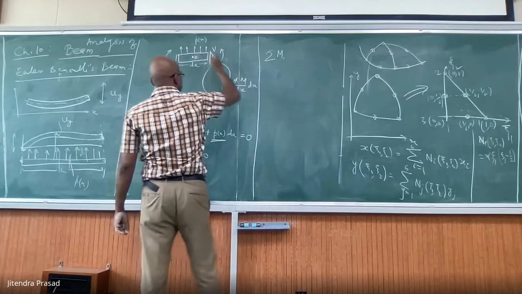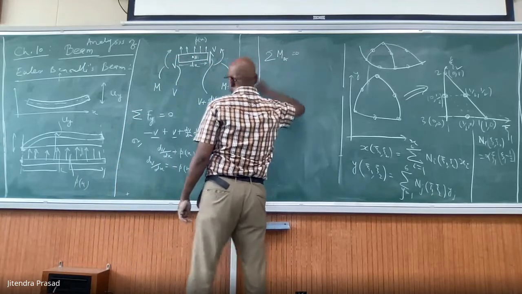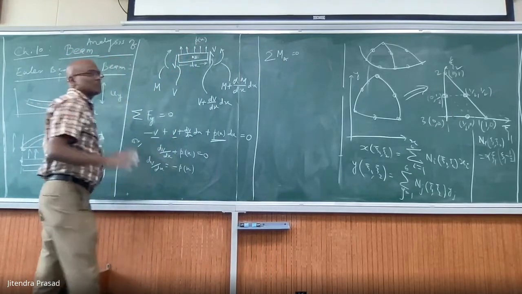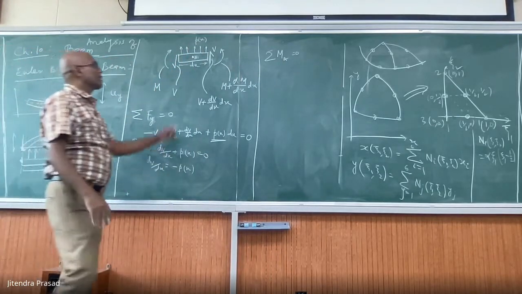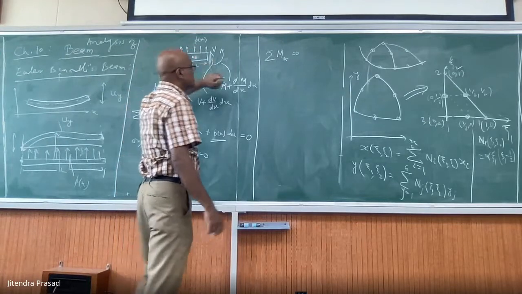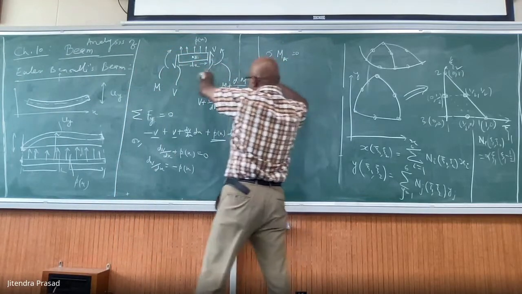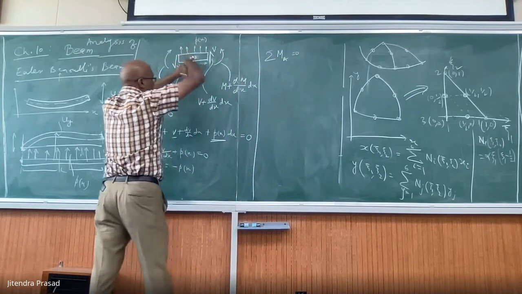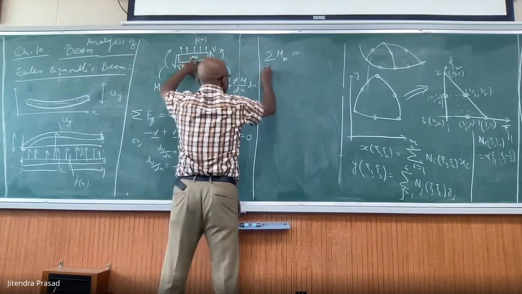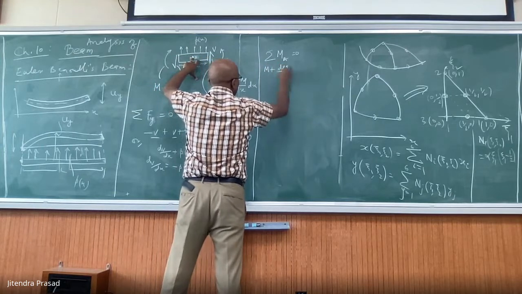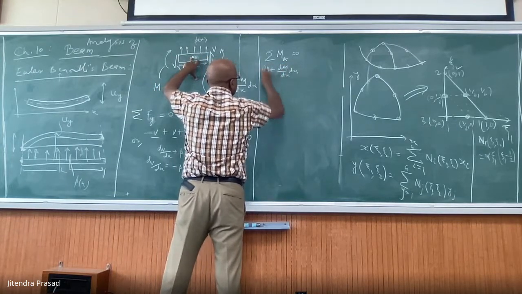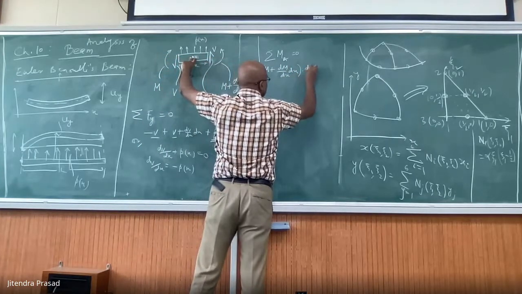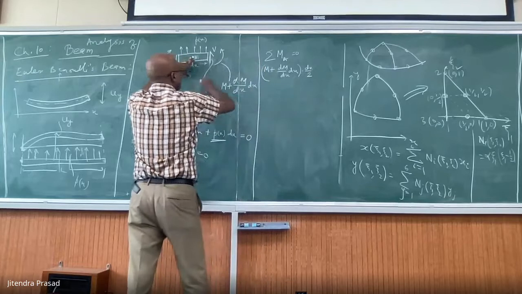This is very small, so we can assume P(x) to be equally distributed, and the moment because of that will be 0 for that element. And then what do we get? We get about this one, M plus dM over dx multiplied by dx over 2, right?